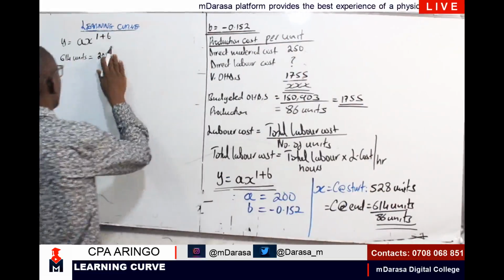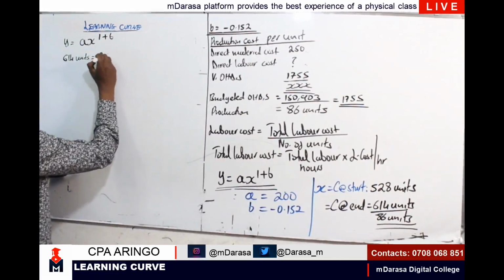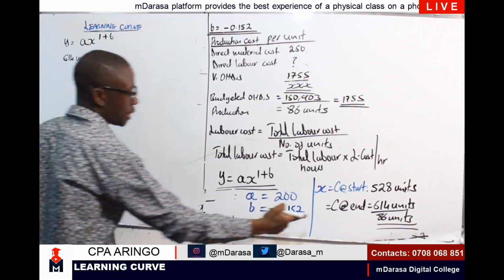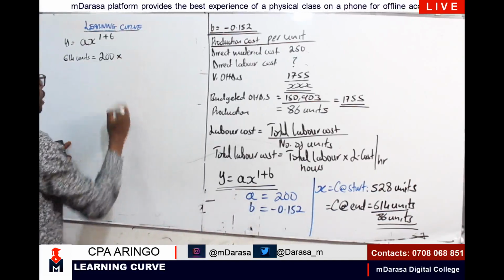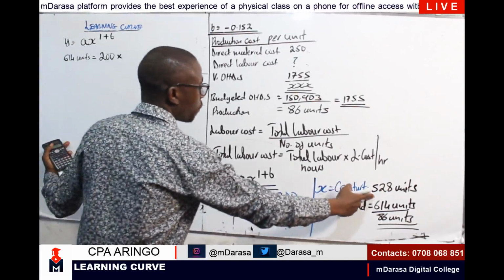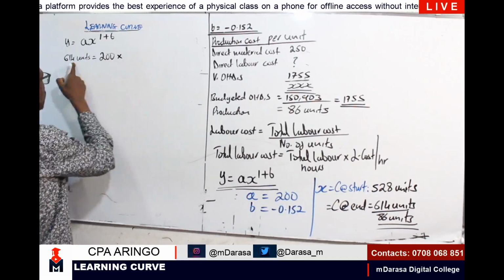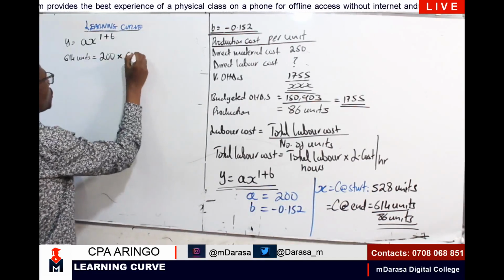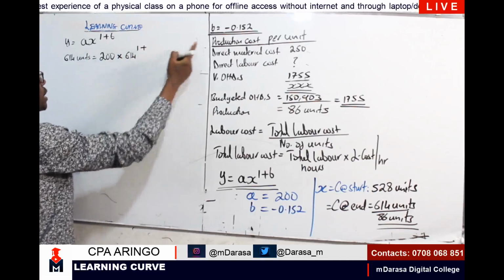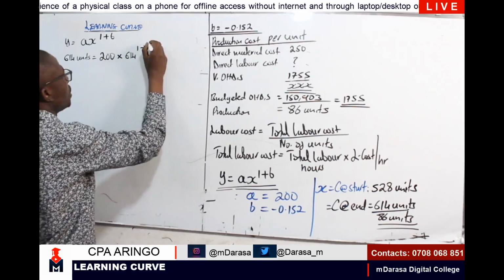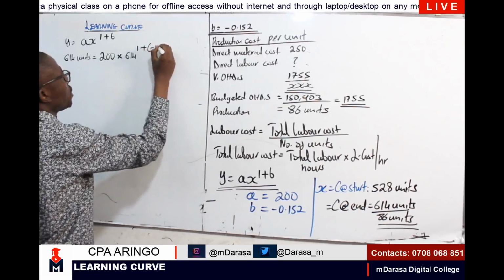So A, we are having 200 units, which we had here. B, in this case, I'm looking at cumulative production of 614 units, which we've looked at here, raised to 1 plus our learning index, which we had as negative 0.152.